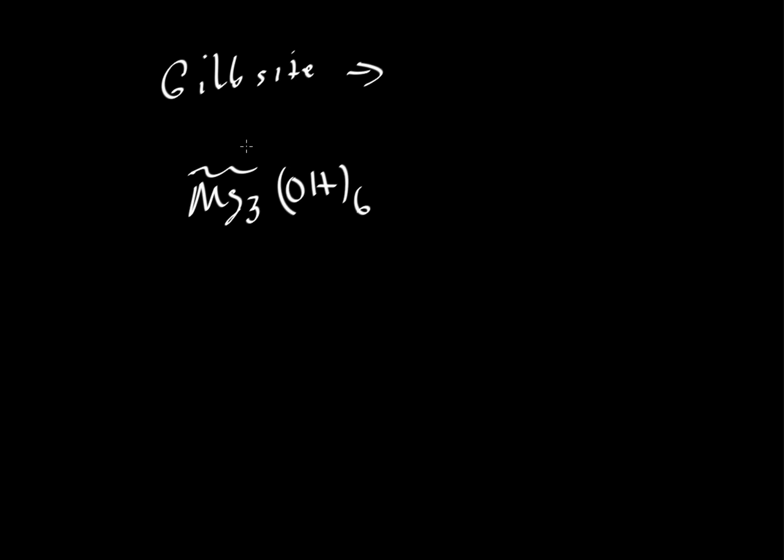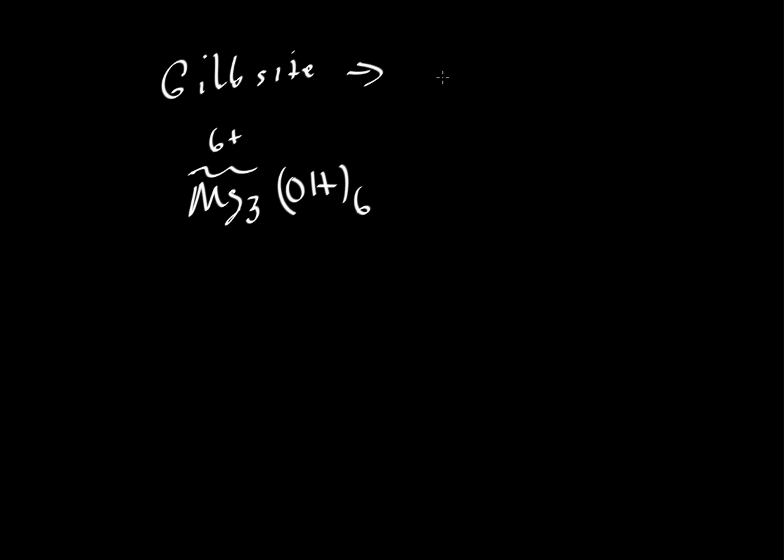We're going to start with the mineral gibbsite, and that is very similar to brucite, except, well, let's take the brucite formula. If we have 3 magnesiums and 6 hydroxyls, the magnesiums have a 2+ charge. There's a total of 6+ cations filling up those octahedral sites here.